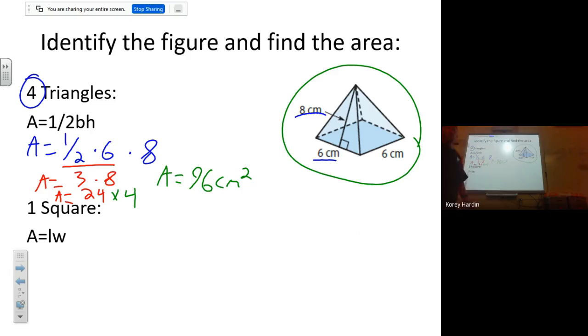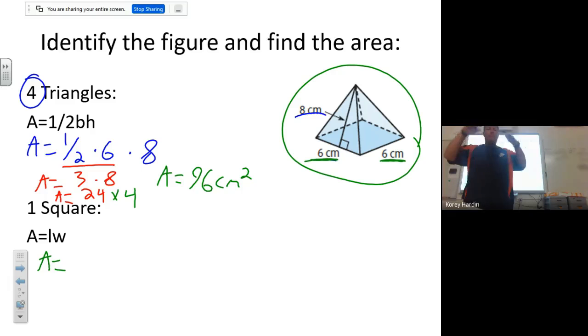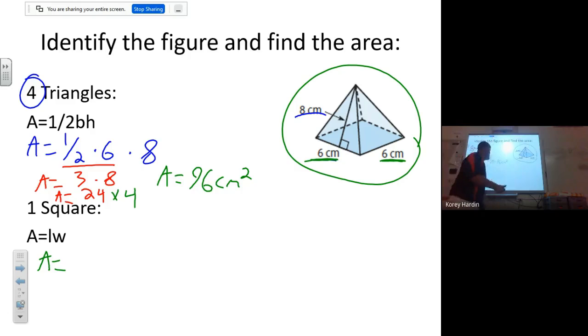So let's look at the area for the square. Area equals length times width. I still use that same 6 centimeters that I used for the base. It doesn't matter that it was used for my triangle. It's a base for the triangle and it's a base for the square. So area equals 6 times 6, which is 36.